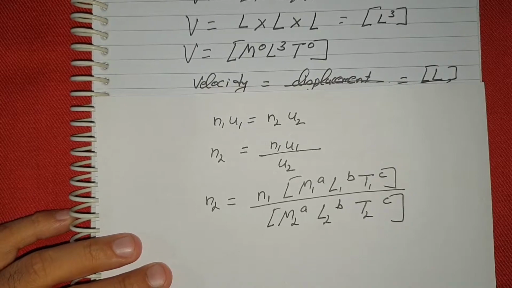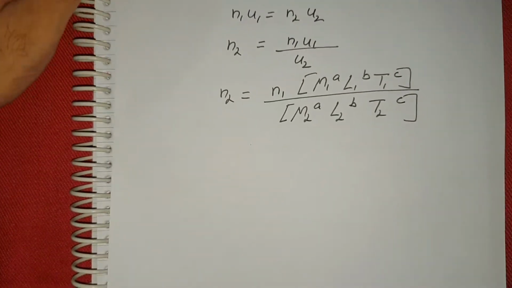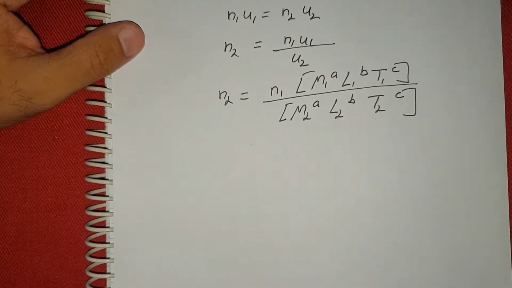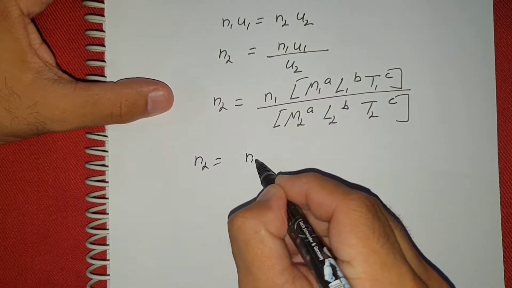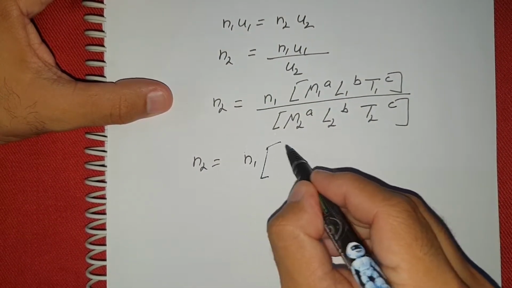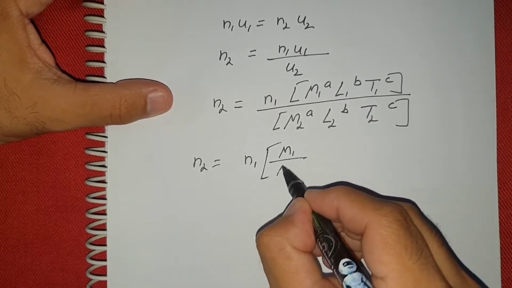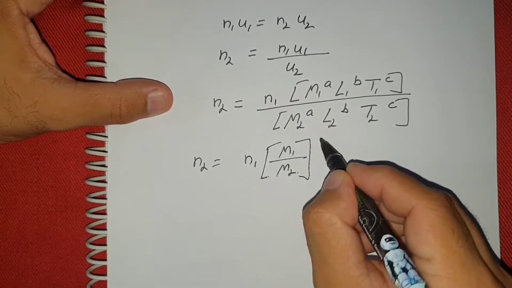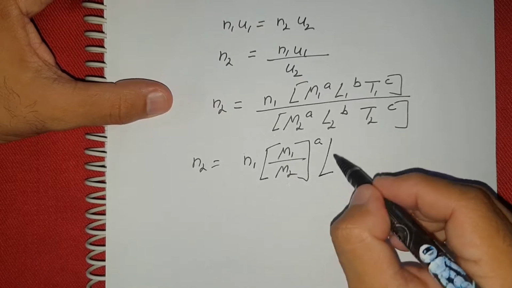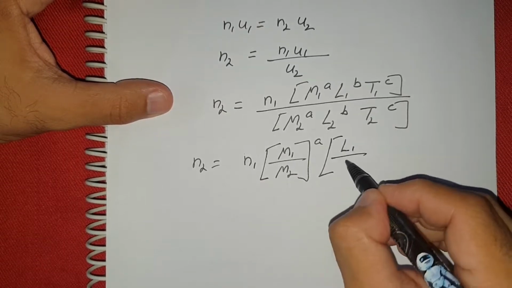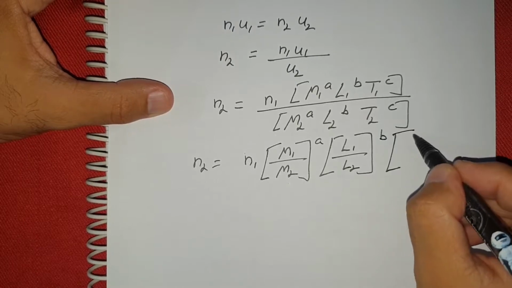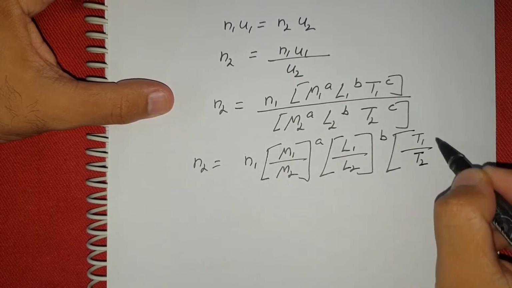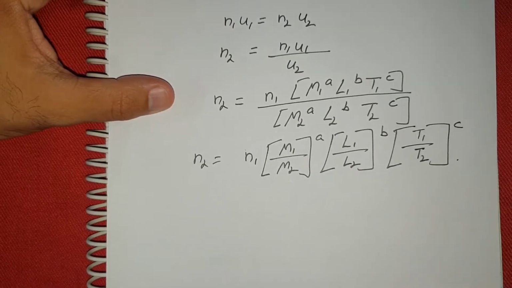Okay, now rearranging it, what will be n2? This will be n1 times (M1 by M2)^a, (L1 by L2)^b, (T1 by T2)^c.